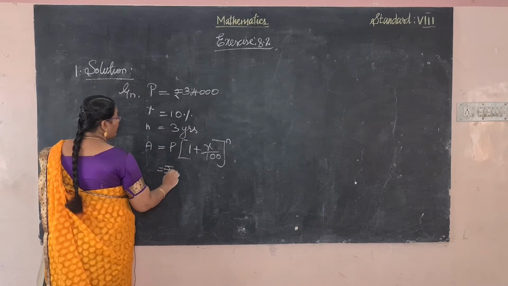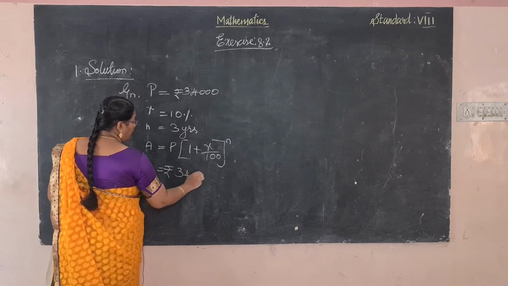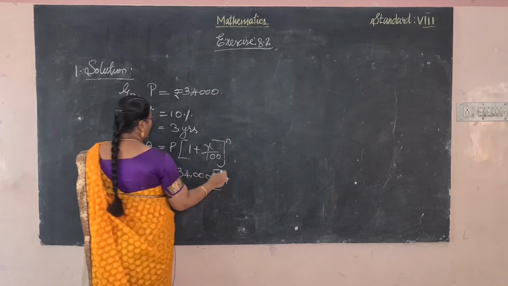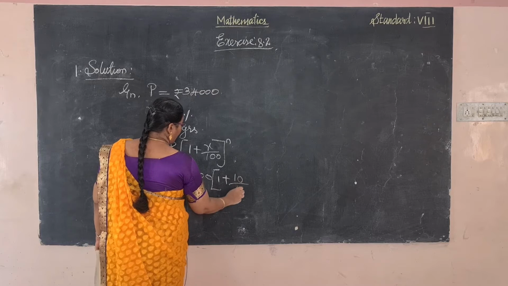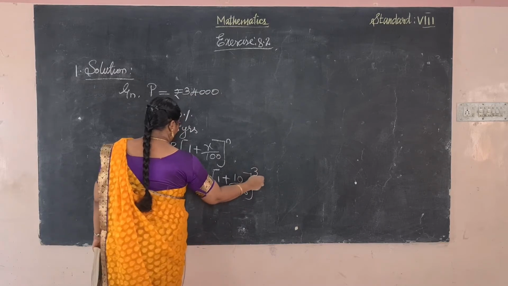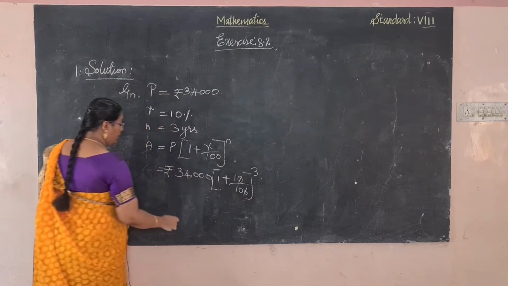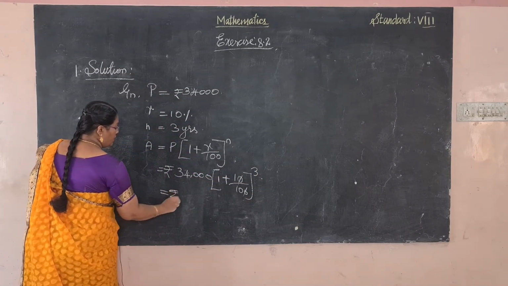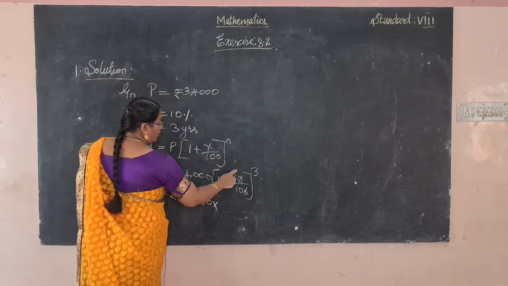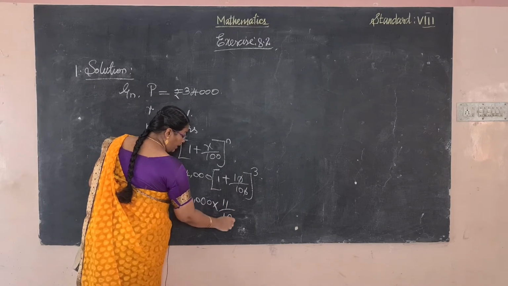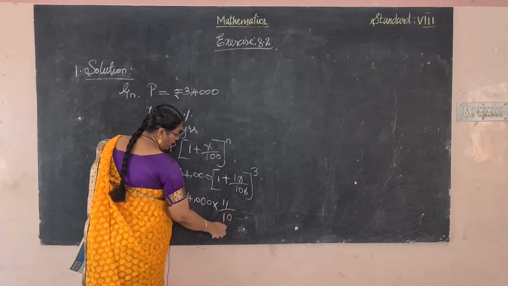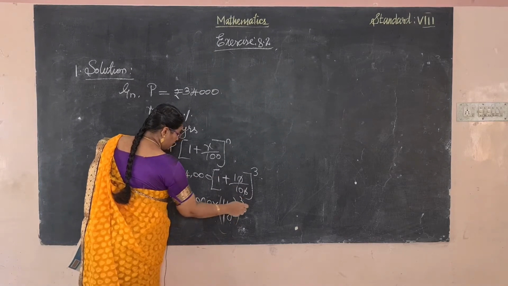Substitute the principal value, 34,000, into 1 plus R value 10 by 100, the whole power 3. It will be cancelled. So rupees 34,000 into 10 plus 1, 11 by 10, the whole power 3.